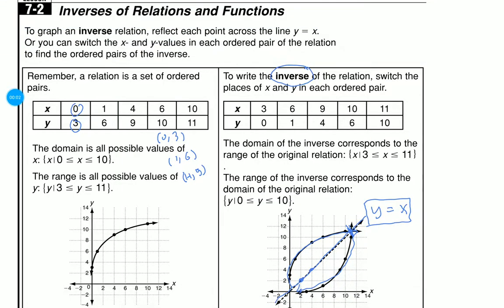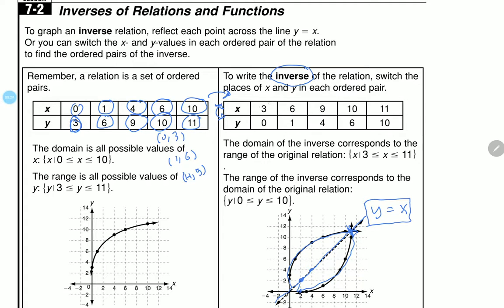We will find that when drawing the function, the x values will be 0, 1, 4, 6, 10, and the y values will be 3, 6, 9, 10, 11. For the inverse function, the y and x values will be replaced.